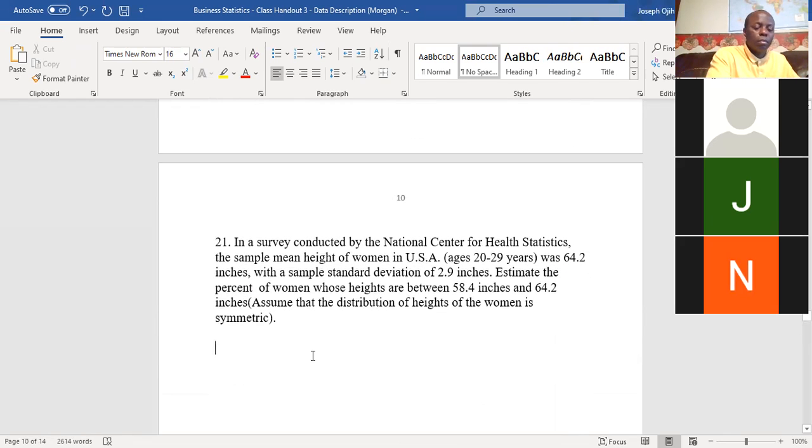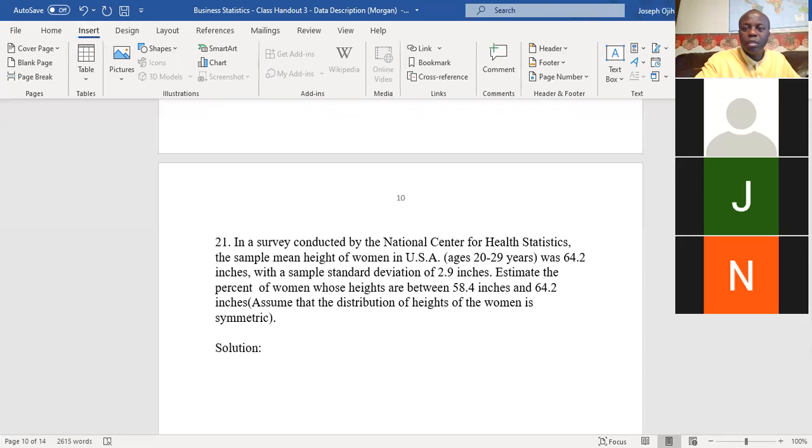Solution. The sample mean height of women in the USA, the mean, is 64.2 inches. That's what they have here.